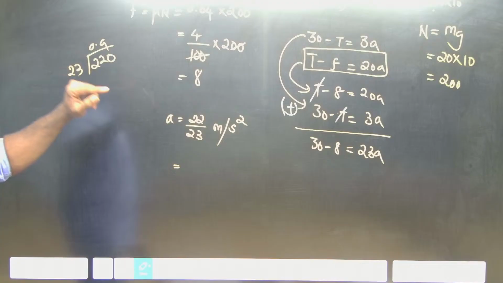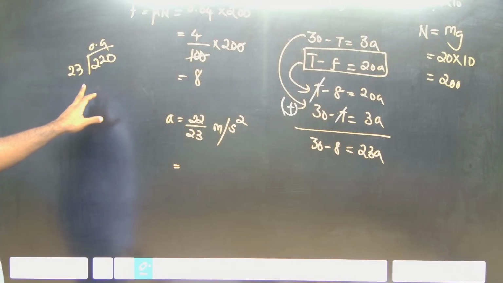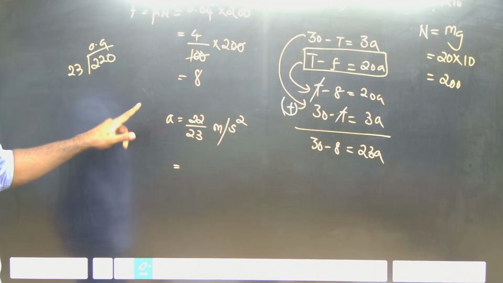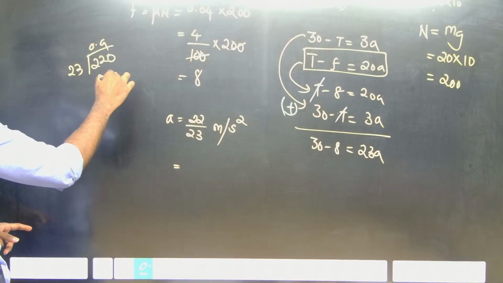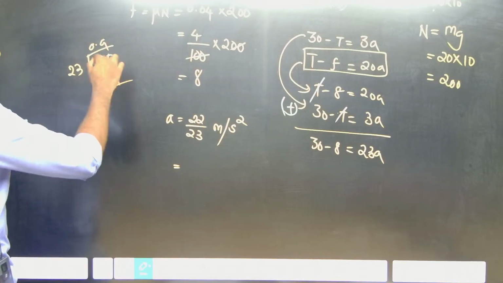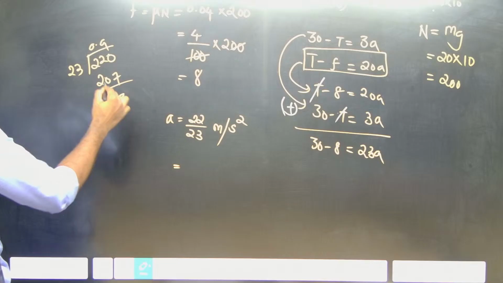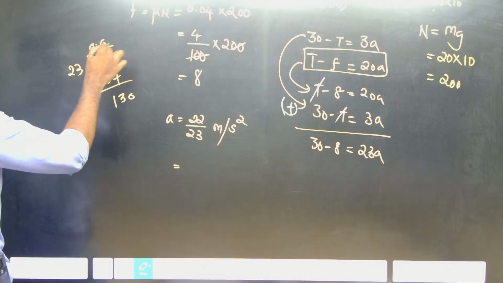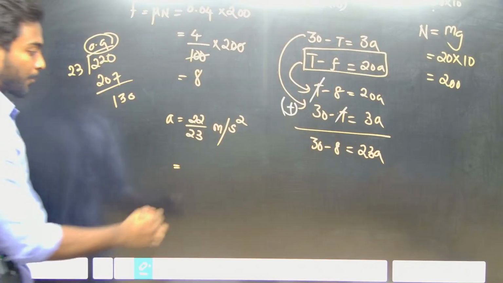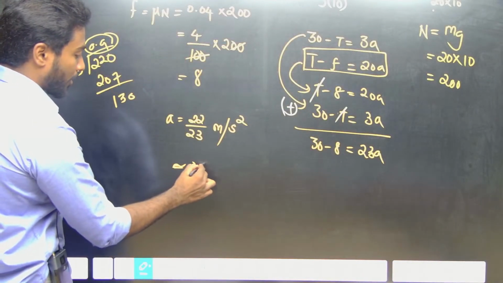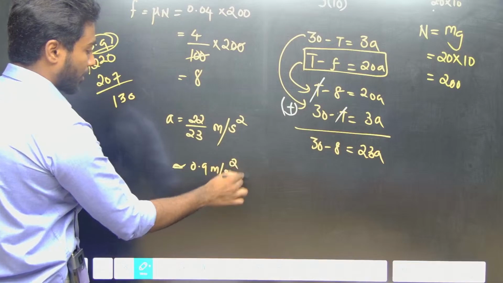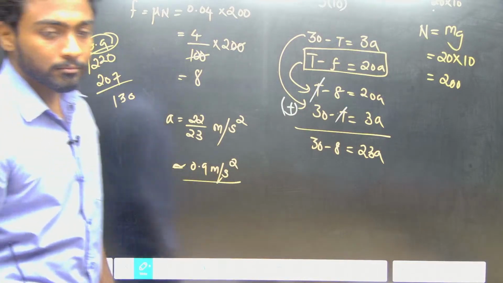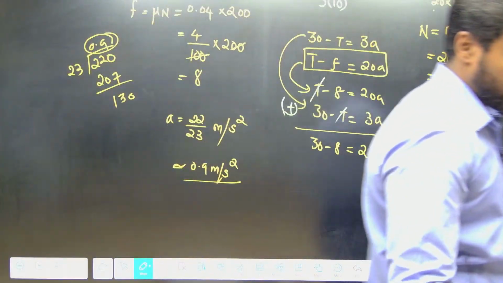So 230 minus 207, right, 207, correct. So remaining is 13, so again if I add 0 it will go, so approximately 0.9 meter per second square, approximately 1 meter per second square. That's the answer.